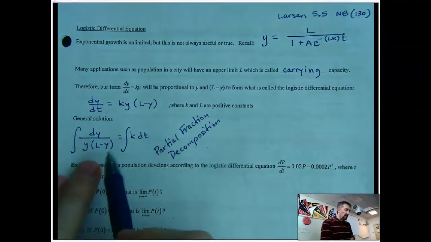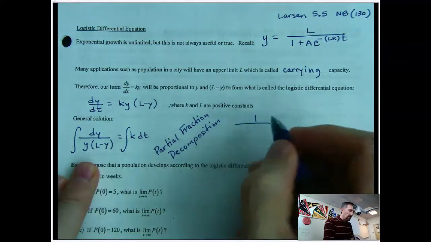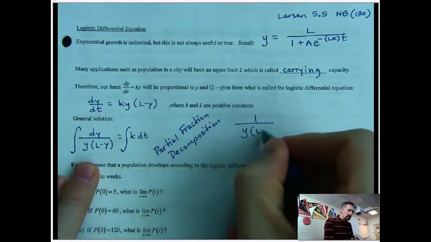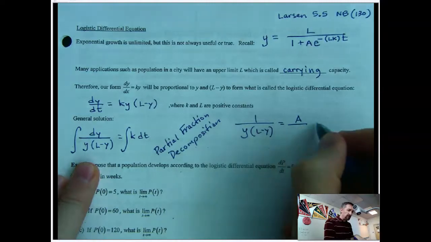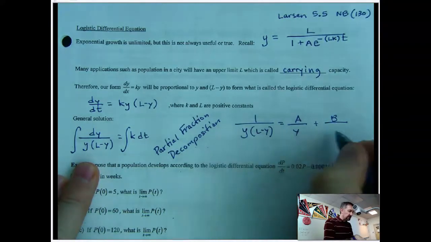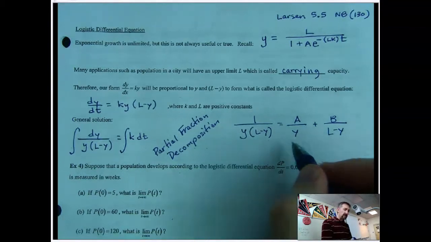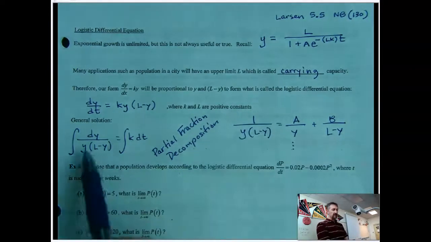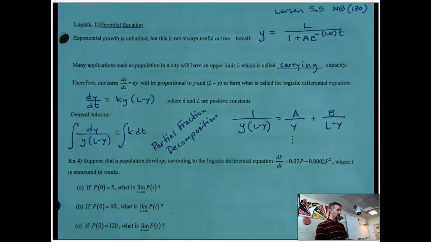But basically, you're taking this fraction here, 1 over y times L minus y, and you separate that because these are linear terms. That's all we have to do there. And we haven't covered that yet, so I'm going to leave that there. But we could continue, break that down, and then take the integrals of each of those parts.